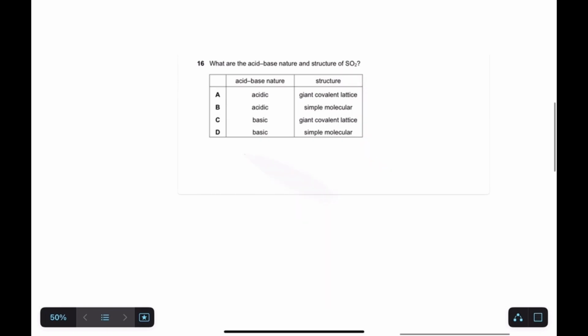Question 16. What are the acid-base nature and structure of SO2? So SO2 means sulfur oxide. Sulfur is a nonmetal, and oxygen is also a nonmetal.